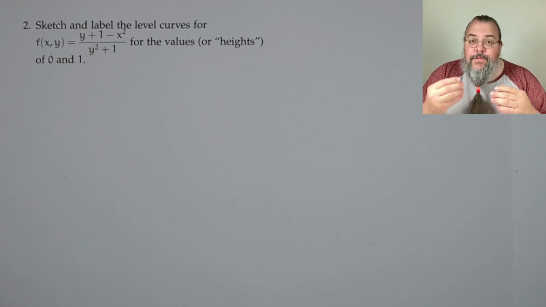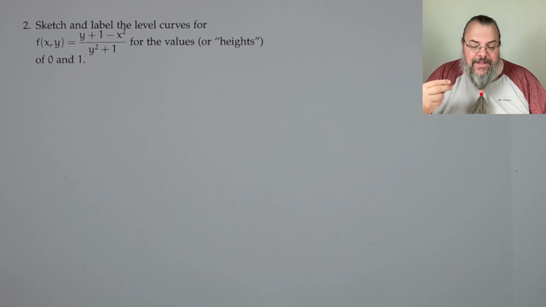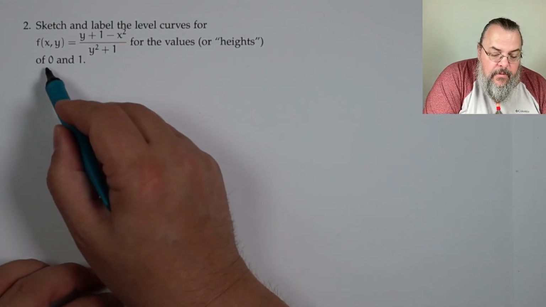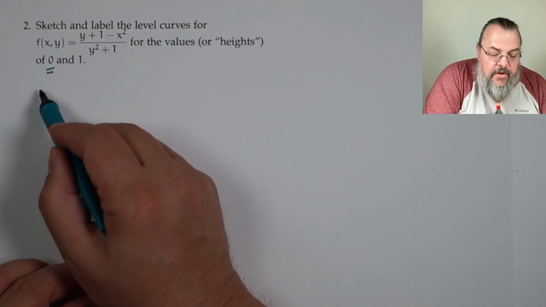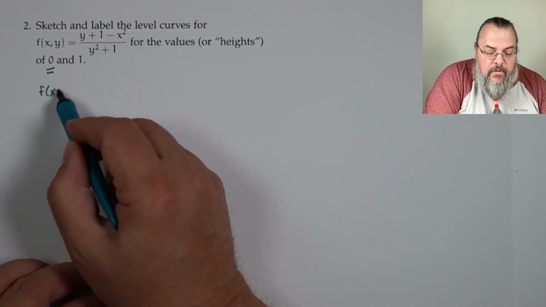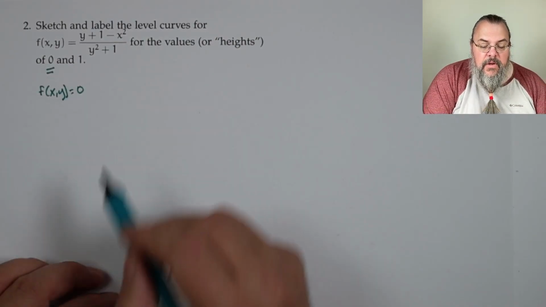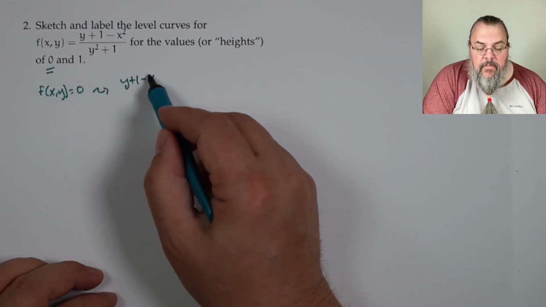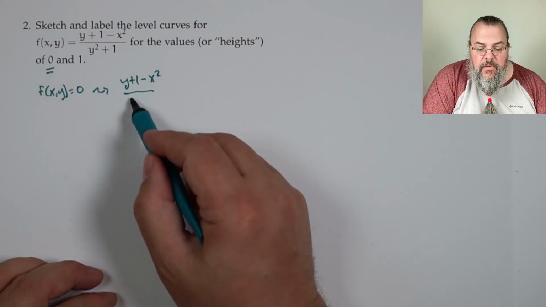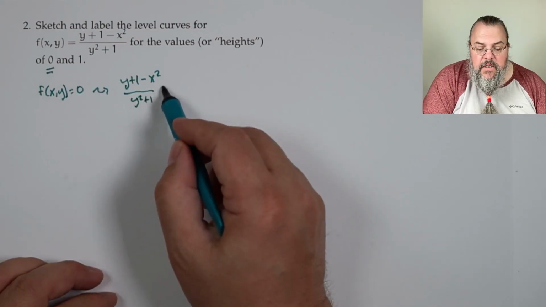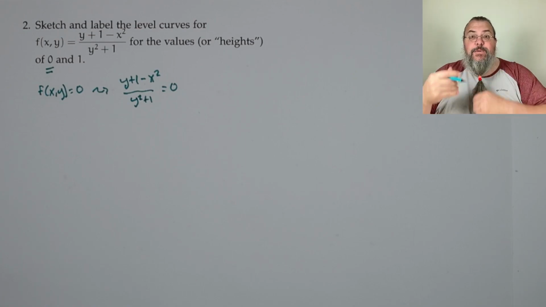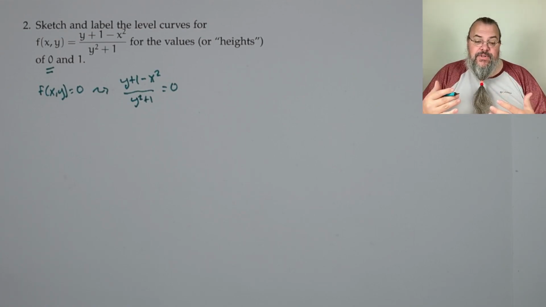Well, in our case, we only have 2 things to do, so that's good. But where do we begin? Well, we set our output to 0. So in other words, say f of x, y equals 0. Well, what does that become? Y plus 1 minus x squared over y squared plus 1 equals 0. Now, the nice thing is when you have a fraction equaling 0, what must be true?